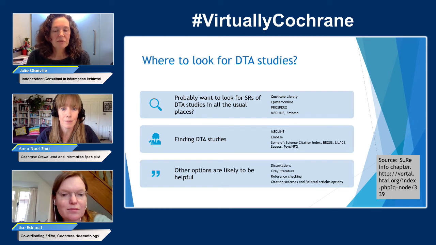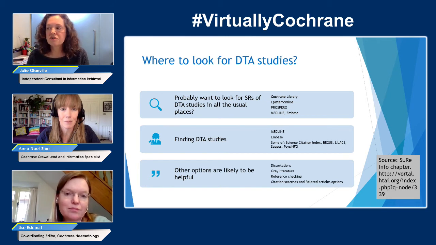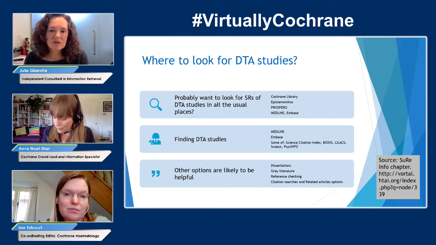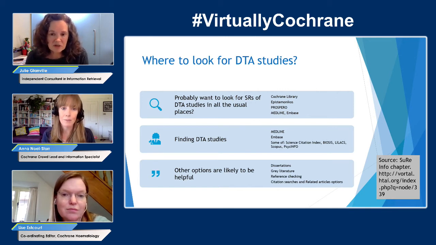If we're looking for the DTA studies themselves, then Medline and Embase are useful, and we're also maybe looking in places we don't usually look, in terms of Science Citation Index, Web of Science, Biosis, Lilacs, Scopus, PsycInfo, and of course other databases that we managed to identify, such as the DITA database.